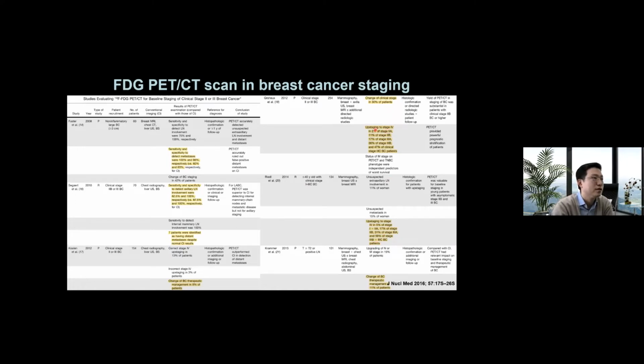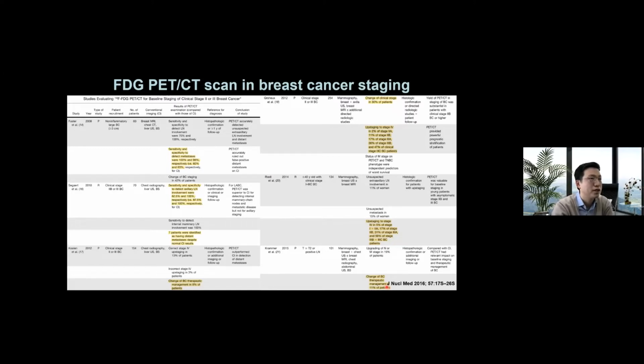So it was all upstaged. And in this study also, there were some patients who were upstaged according to FDG PET scan. And in this case, the therapeutic management was changed according to the FDG PET scan.